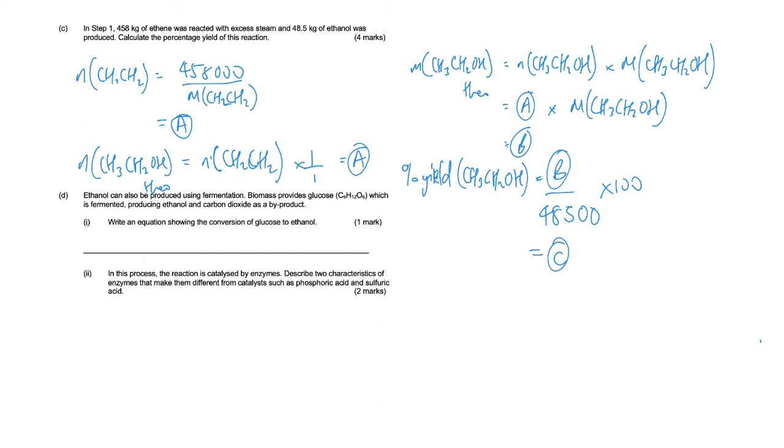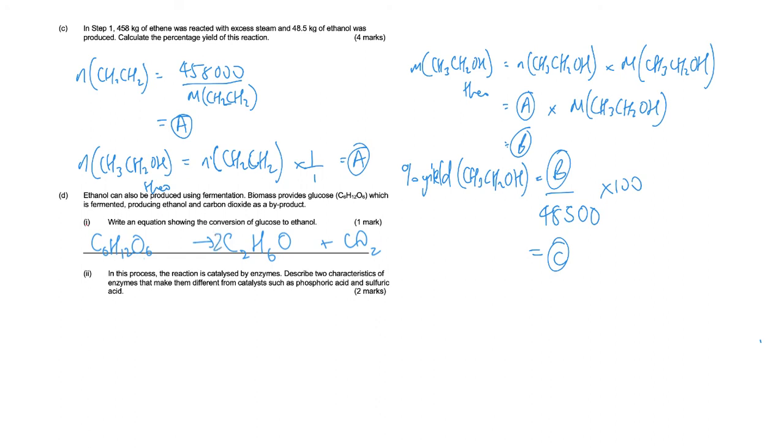All right, so the next one is the conversion of glucose to ethanol. So glucose is given to you there, so C6H12O6. Okay, and it's also been told that you make ethanol, which I'm just going to write its molecular formula here, and carbon dioxide. Okay, so you have to try and balance this one out. Let's try to balance out the hydrogens first.